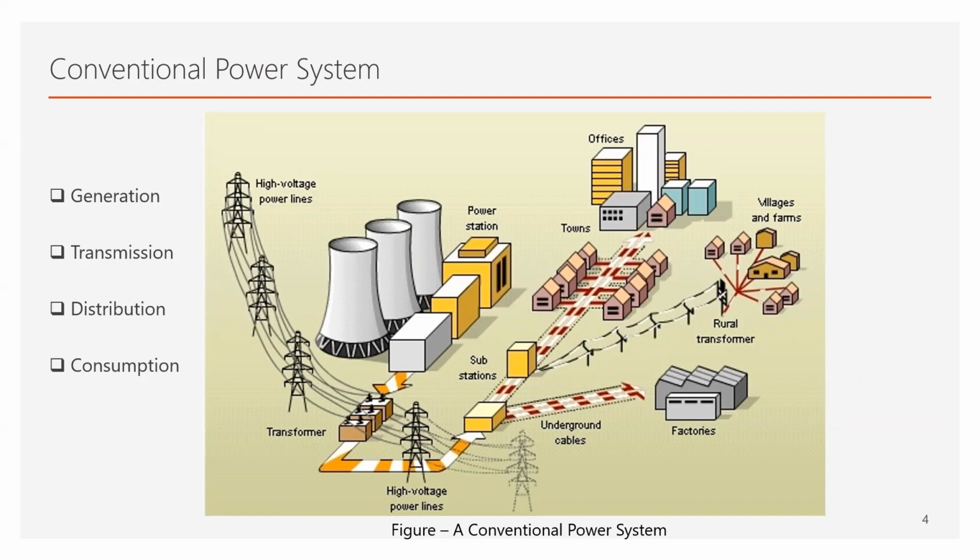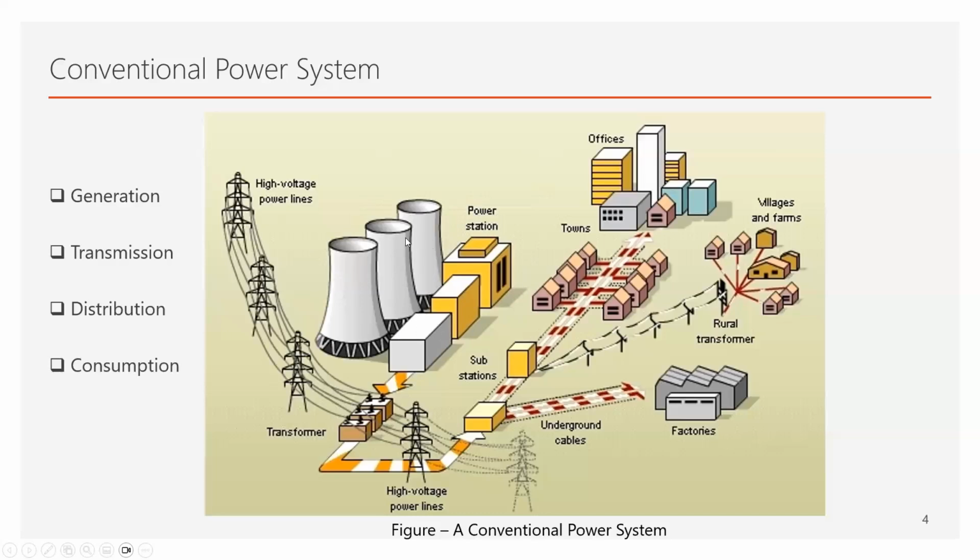If we look at this picture of a conventional power system, these big chimneys are used in power plants. This is basically a coal-based power plant. It could be a coal-based power plant, it could be a nuclear power plant. These are all conventional power plants.